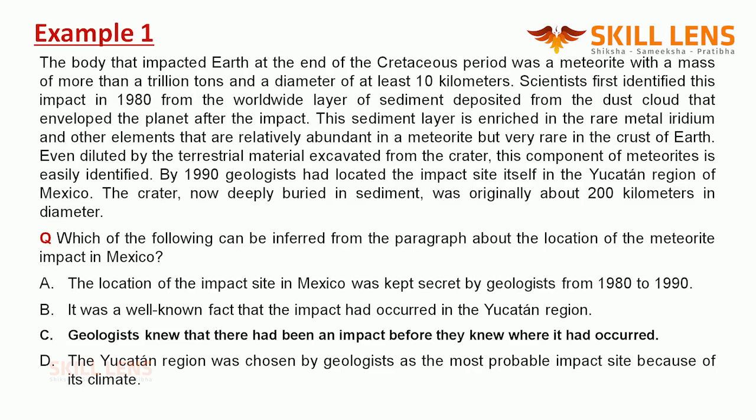When you look at the timeline here, in 1980, scientists identified there was an impact of a meteorite. They were able to locate the site of the impact only in 1990. So that is the timeline that this paragraph is talking about. As such, we can conclude C is the correct answer.